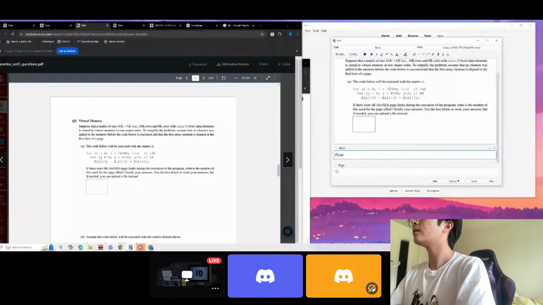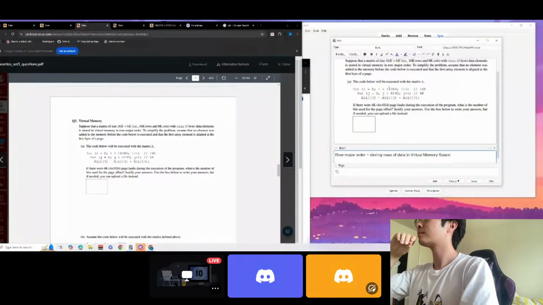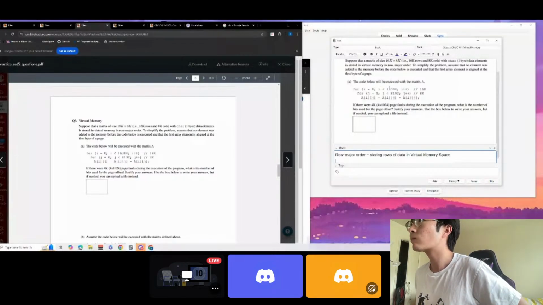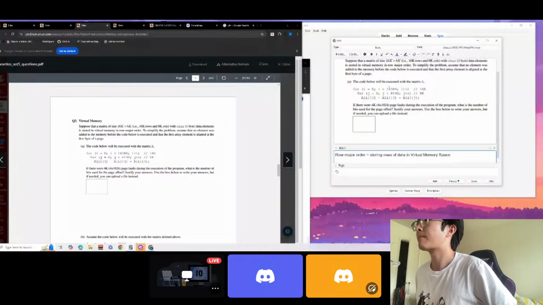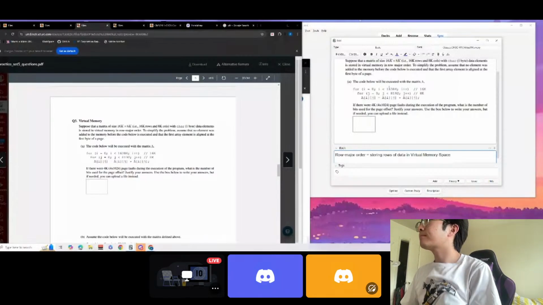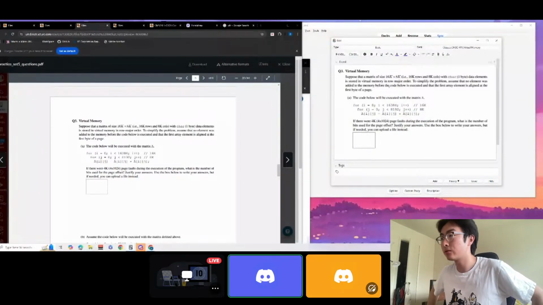Okay, so row major order is equal to storing row data in virtual memory space. So 4K, 4x24 page faults.